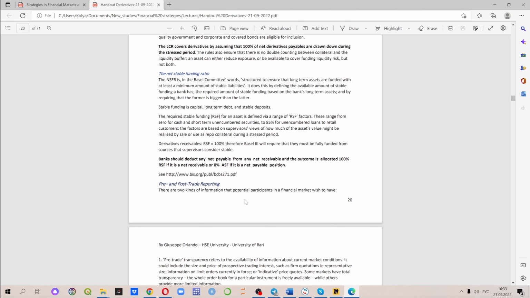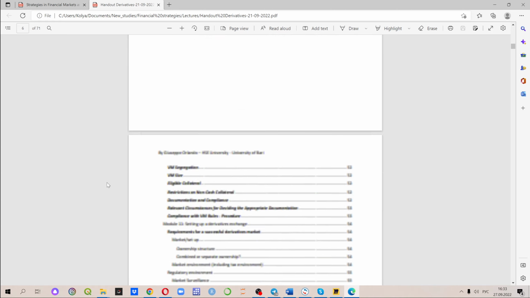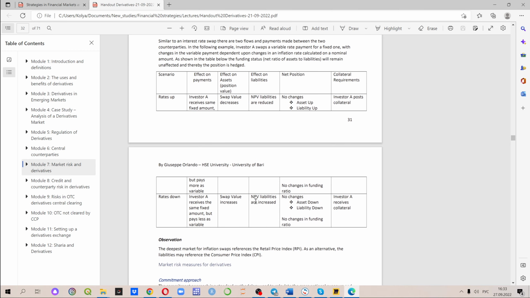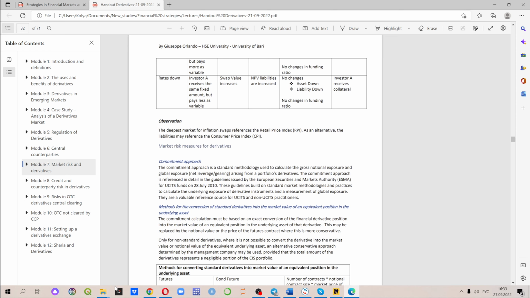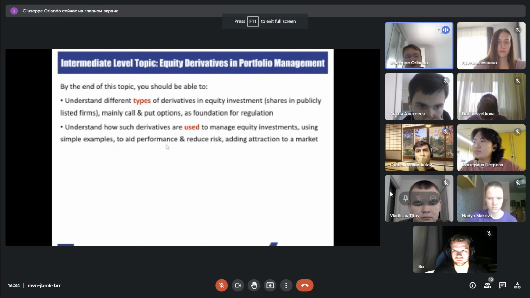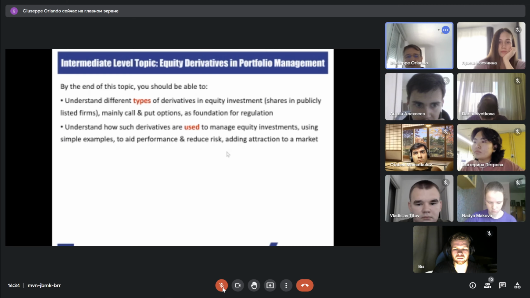Okay, so we want to know the different kinds of derivatives, for example, call and put options and the foundation for regulation. Then we want to understand the way in which those derivatives are used by fund managers, or kind of investors, and also how they could help in improving the performance and reducing the risk.